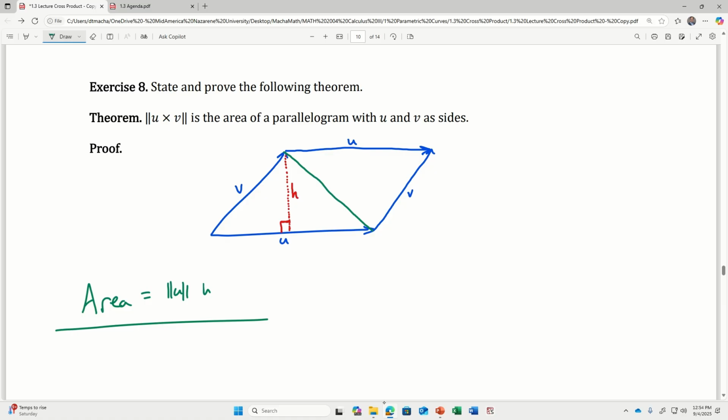Okay, well, that height is related to that theta in the corner. For this little right triangle in the bottom left corner, sine of theta would be the opposite side over hypotenuse. Sine of theta would be h over norm of v.